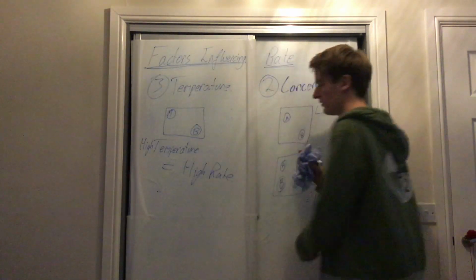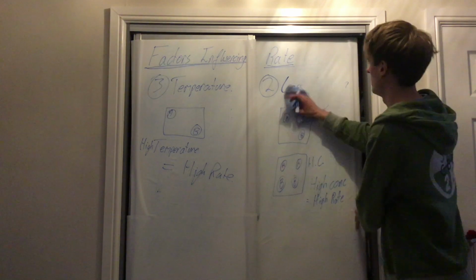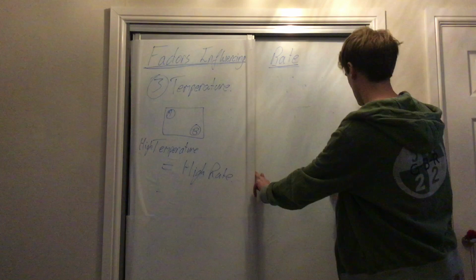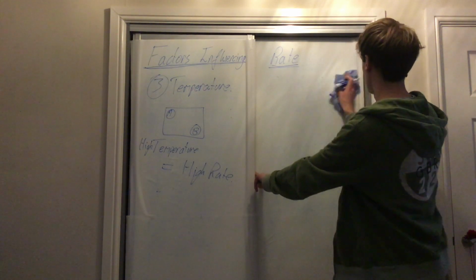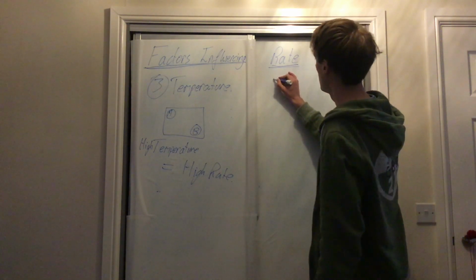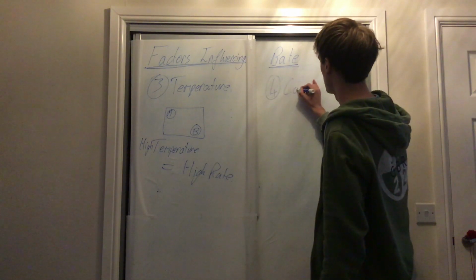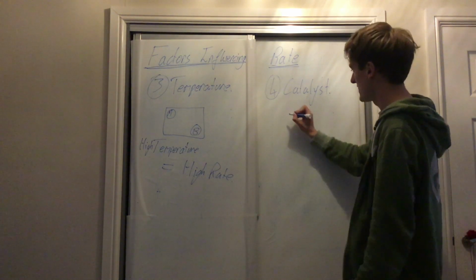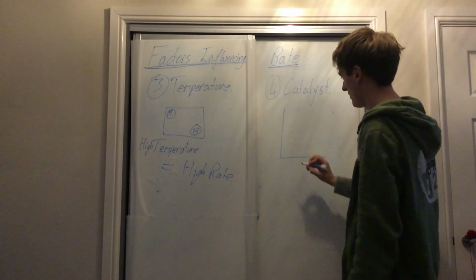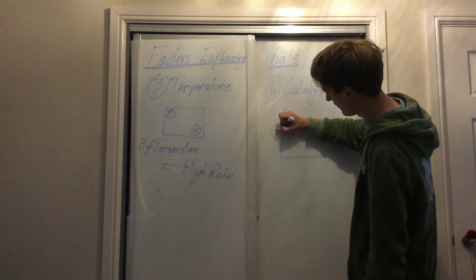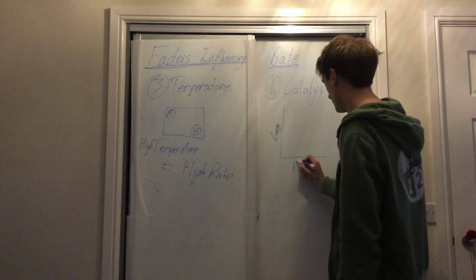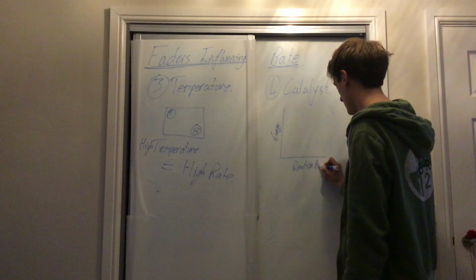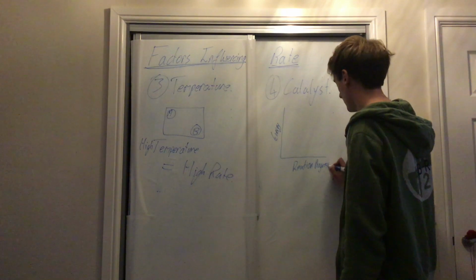The fourth way to increase a rate of reaction is a catalyst. With a catalyst, if we look at an energy level diagram, which in AQA you saw in the previous module, we put reaction progress along the bottom, or reaction coordinate.